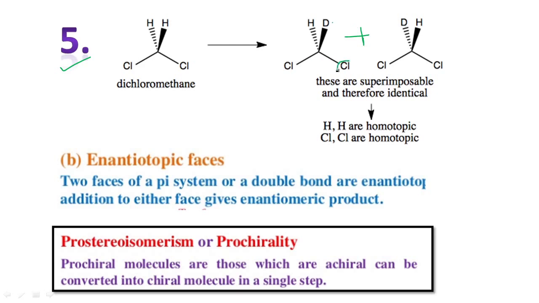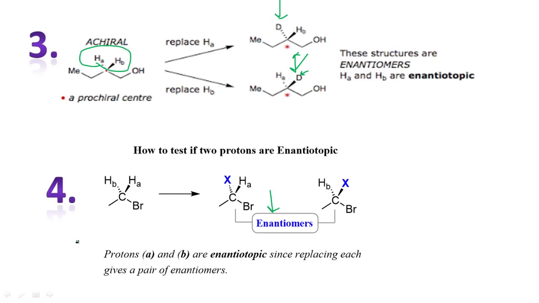There is a chlorine atom on the side. So if you rotate the molecule, these can be interchanged. It would make no difference to anything. So these are homotopic. We discuss this example again. But what happens in enantiotopic, when there is a substitution reaction, there is formation of enantiomers. One will have an R configuration, one will have an S configuration.